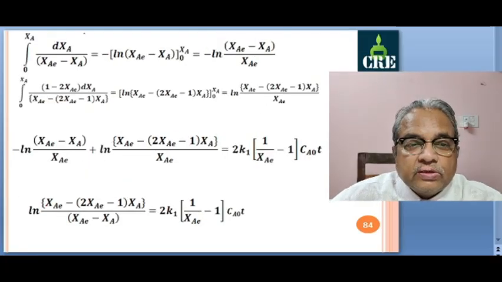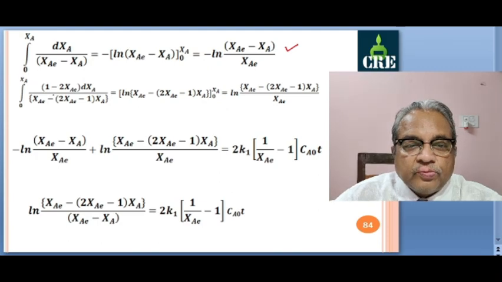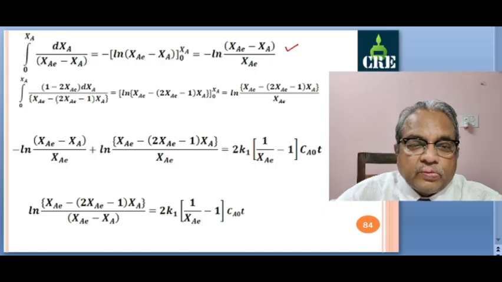So we will solve this. dXA by (XAe minus XA) is minus ln of (XAe minus XA), integral 0 to XA. If you substitute these limits, you get this in the numerator, minus, if you substitute this 0, minus ln of XAe. So you can write as minus ln of (XAe minus XA) by XAe. This we have done earlier also. Here 1 minus 2XAe in the numerator. If you multiply by this minus sign, it becomes 1 minus 2XAe, and this you can make plus.